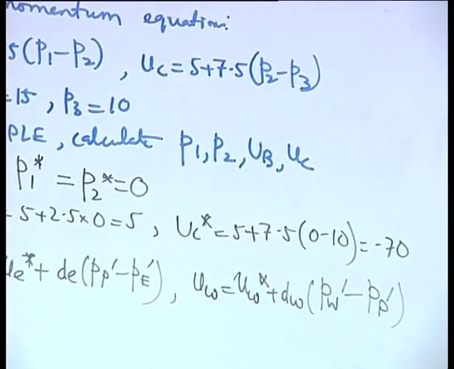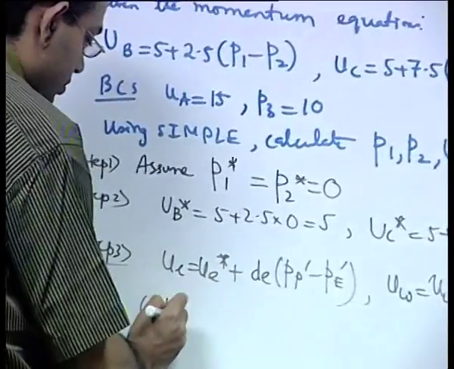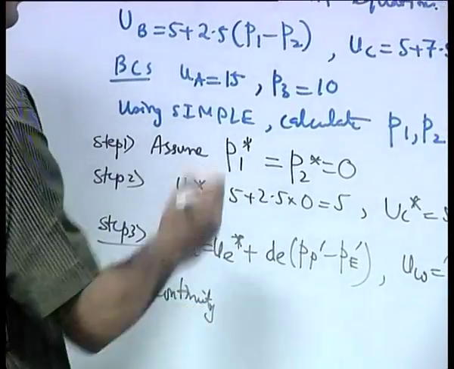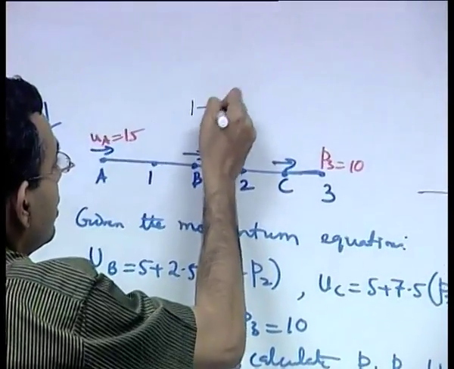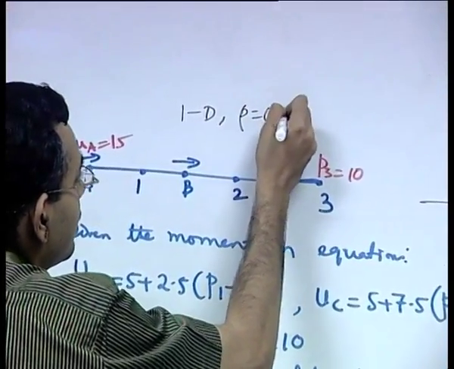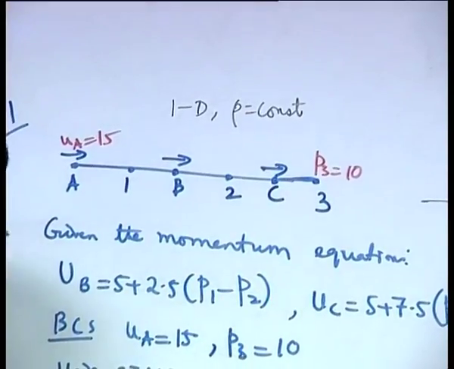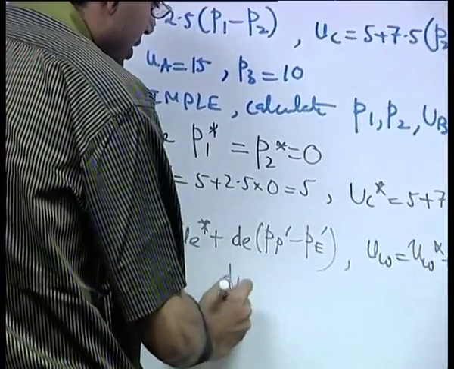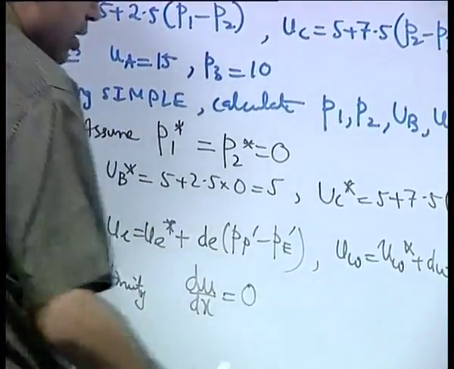The continuity equation is, you assume one dimensional and rho equal to constant. So, continuity equation du dx equal to 0.